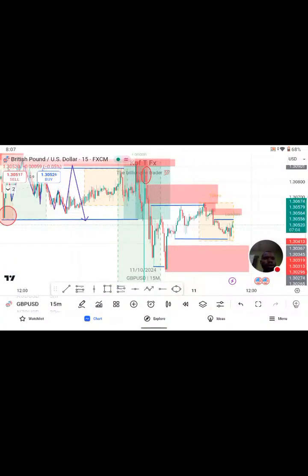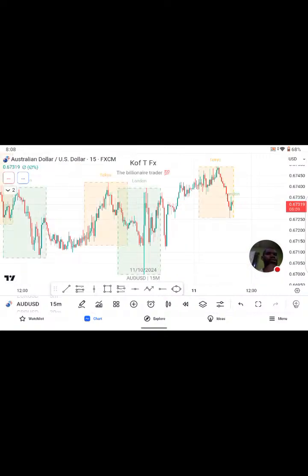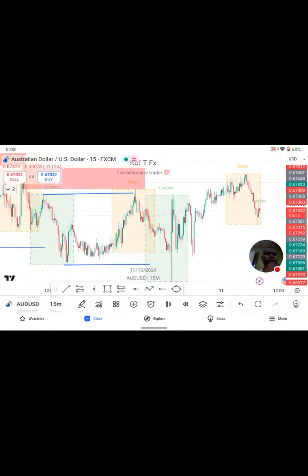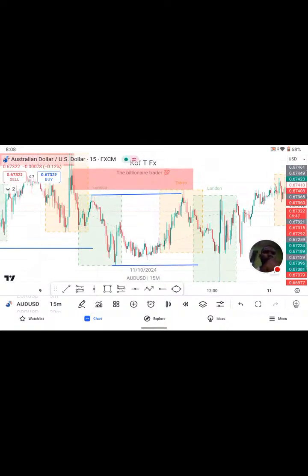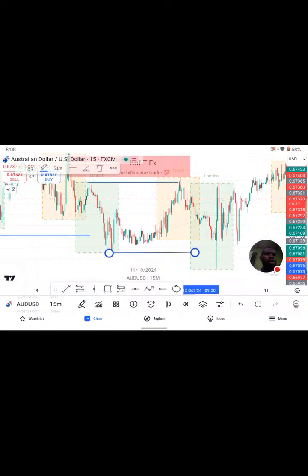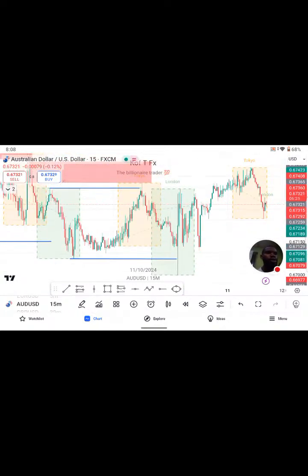So let me check AUD USD to see what we have there. Okay, for AUD USD, just like I said yesterday, price has already taken out the inducements and mitigated the POI that I expect this external liquidity to be taken out, and as you can see, the external liquidity has already been taken out even when there was news.